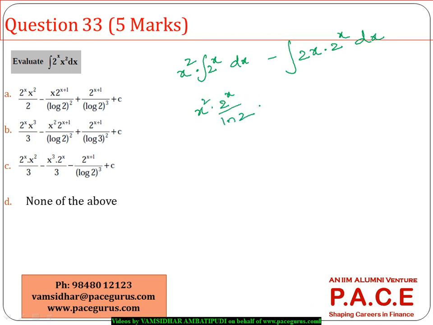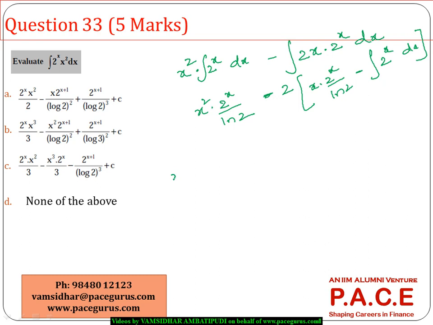This is the integration here, minus again the integral of x into 2 power x dx. So if I take this 2 out, x into 2 power x by log 2, which is the integral of this, minus the integral of the derivative of x, which is 1, so 2 power x dx.